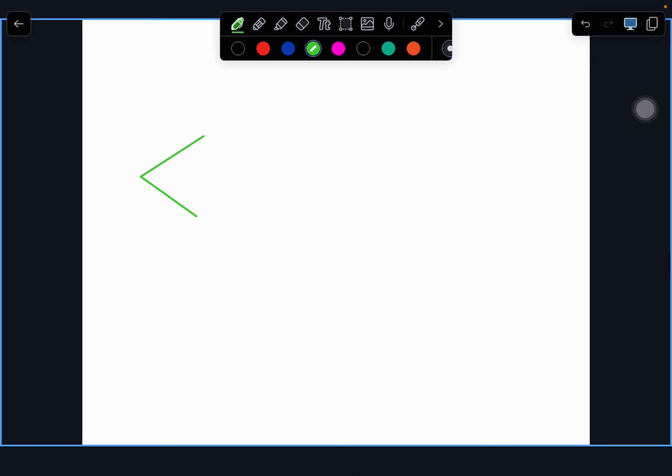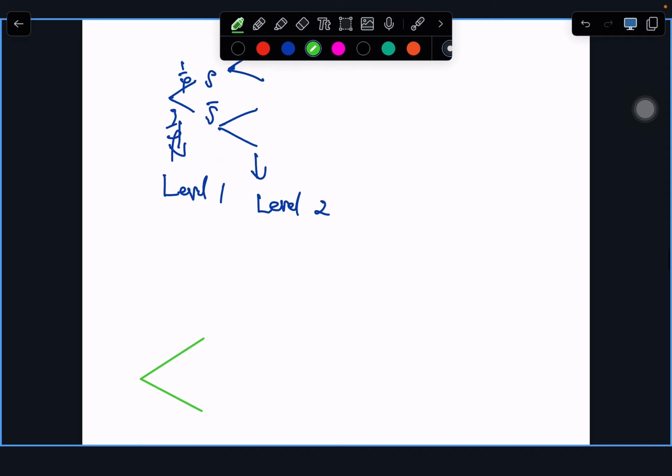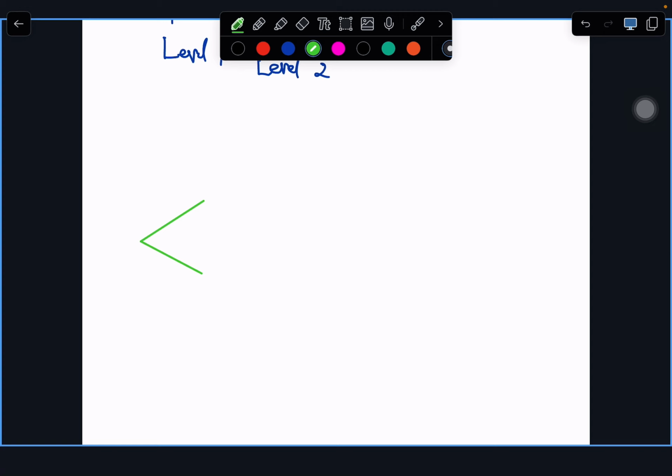I don't want to label it yet because we have bigger tree diagrams later. Then we have branches here. At the end of the branches, we need to put capital letters. So in this case, what capital letters do you want to use?